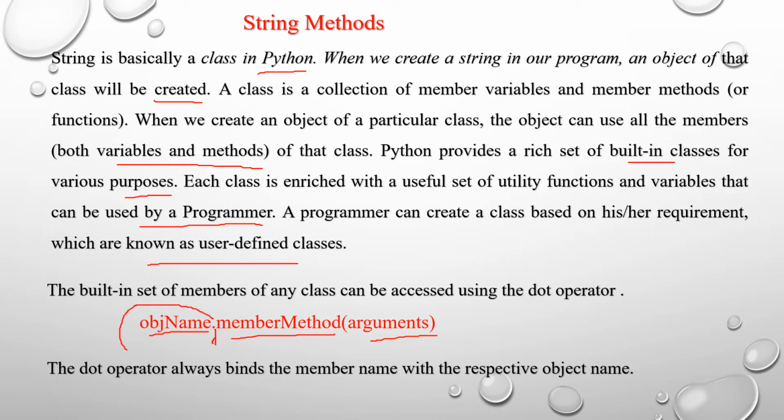So this is the object name, this is the method, and this is the argument. The built-in members of any class can be accessed by using the dot operator, which invokes the methods.